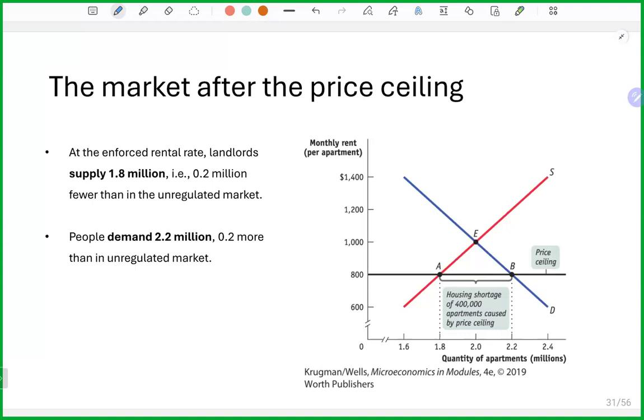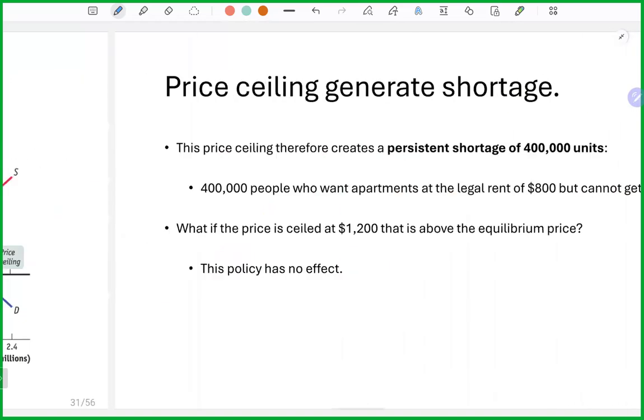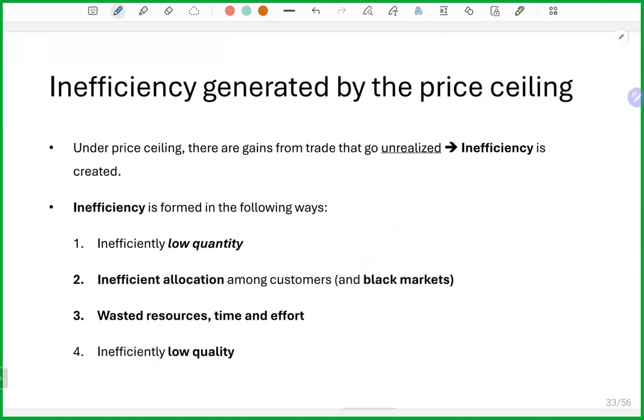That's the problem, the inefficiency generated from the price ceiling policy. So there are four different reasons why price control generates inefficiency.